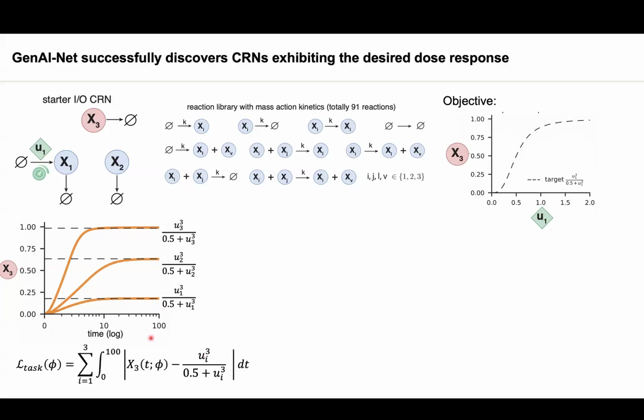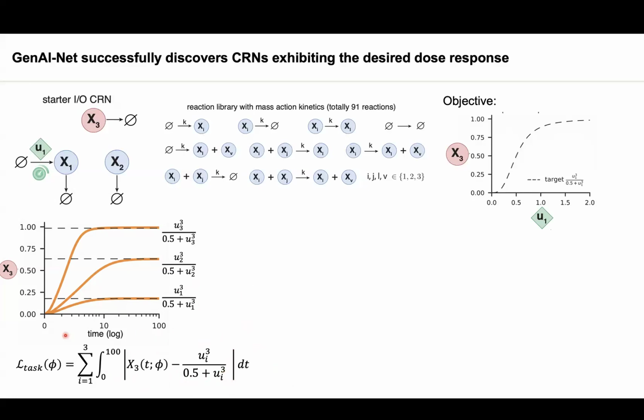So we can form our loss function like this. We are integrating the difference between the simulated output and the desired steady state value, which is the function of the input.